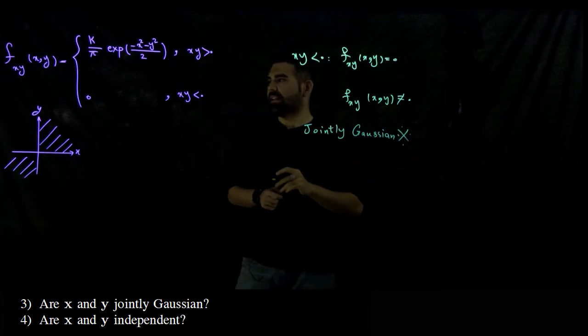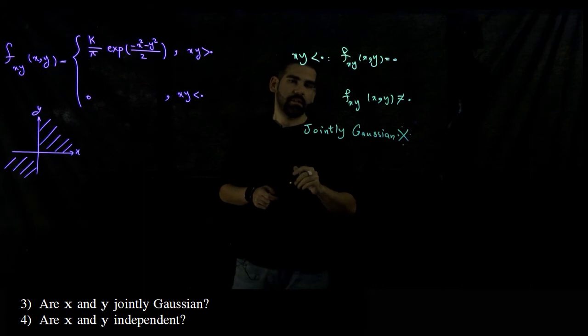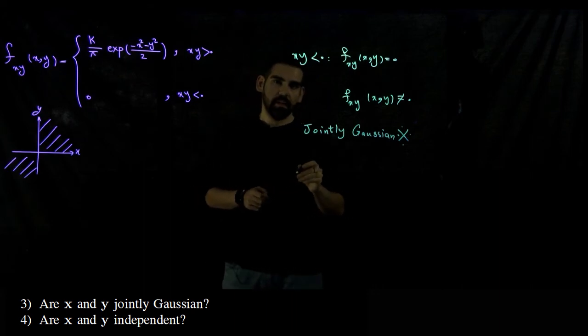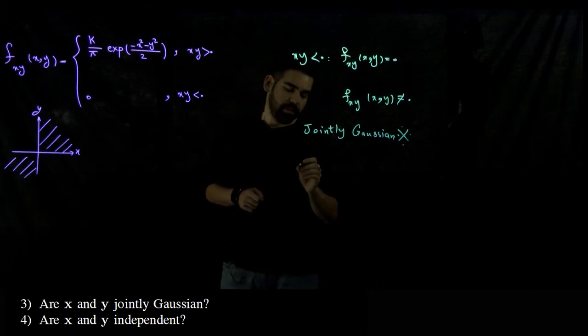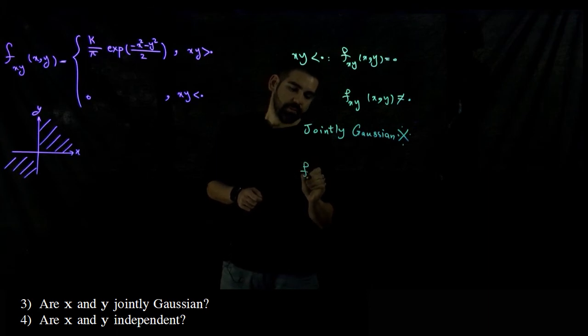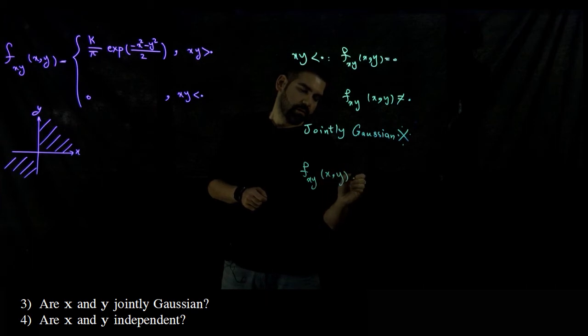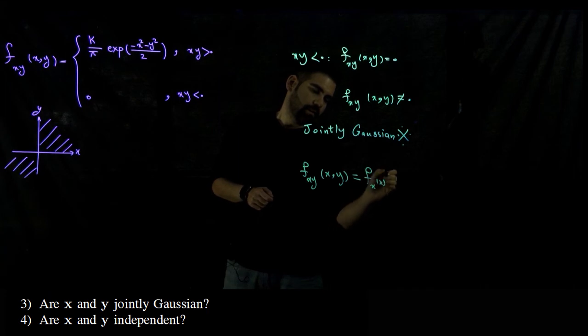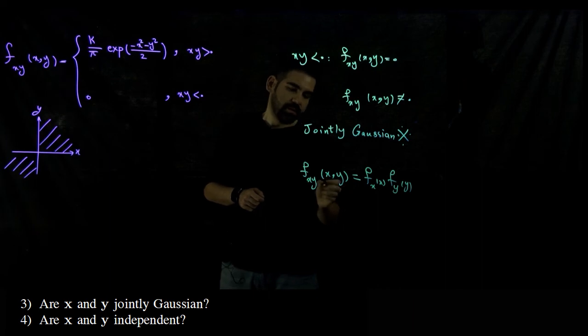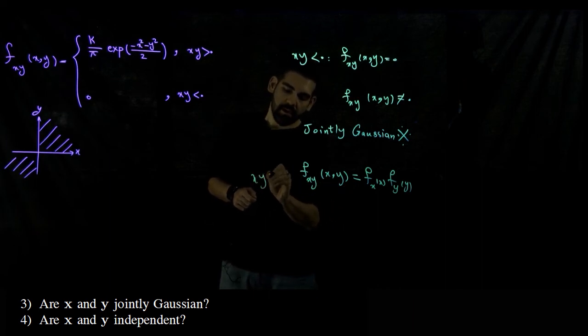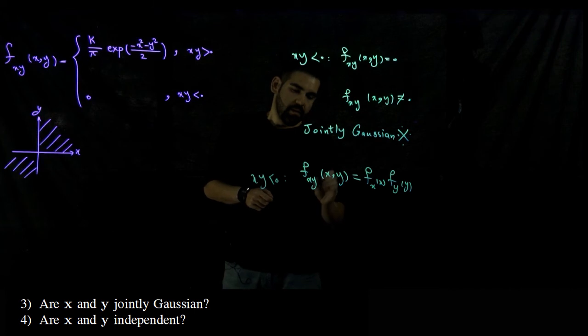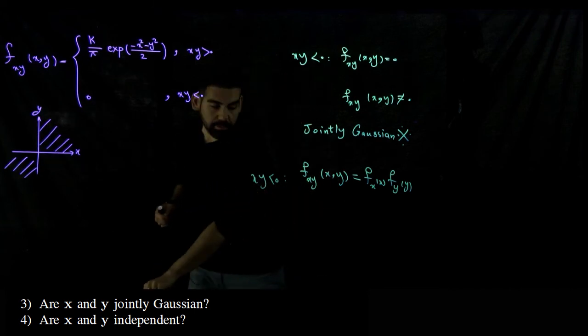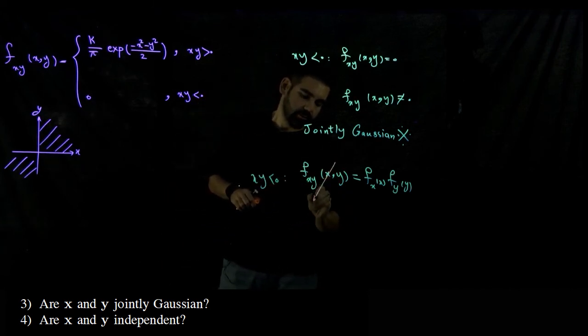And finally, in the last part, we are asked whether x and y are independent. We know that for x and y to be independent, we should have the joint PDF fxy equal fx multiplied by fy. And again, this does not hold because in the case where xy is negative, we have the joint PDF equals 0.